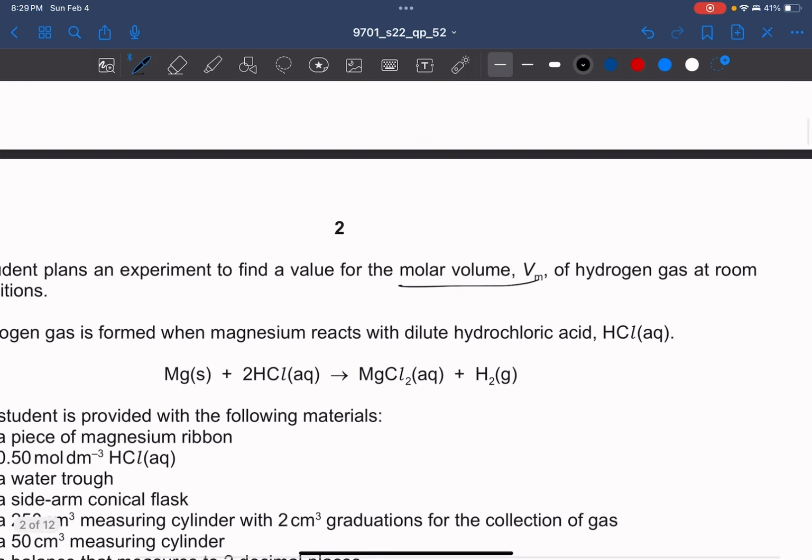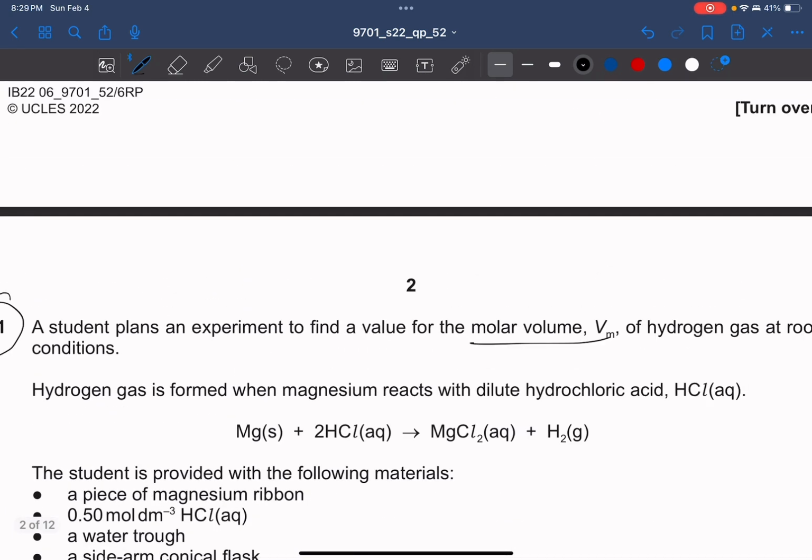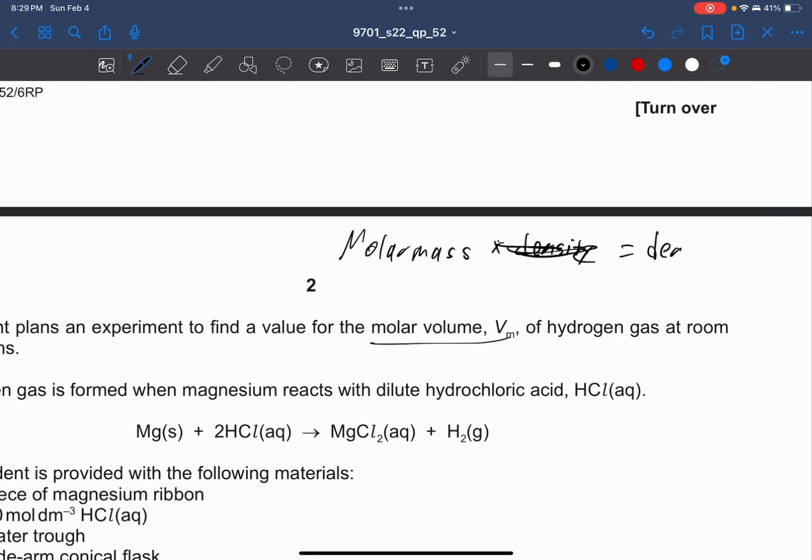Molar volume is really just, you can use the definition of density in order to find molar volume. So molar mass is gonna be density times volume.